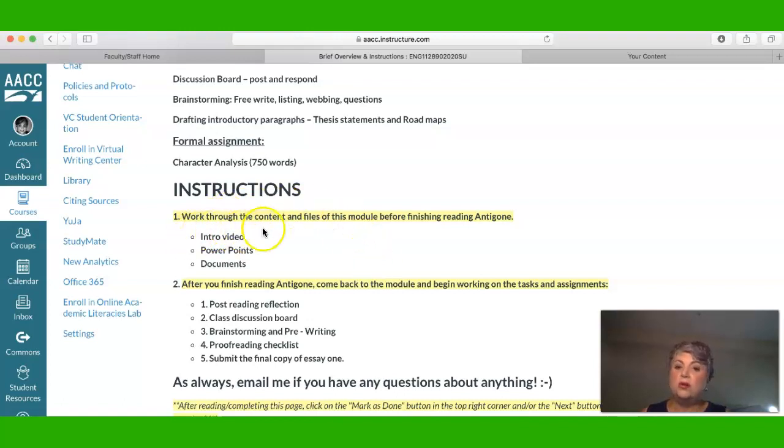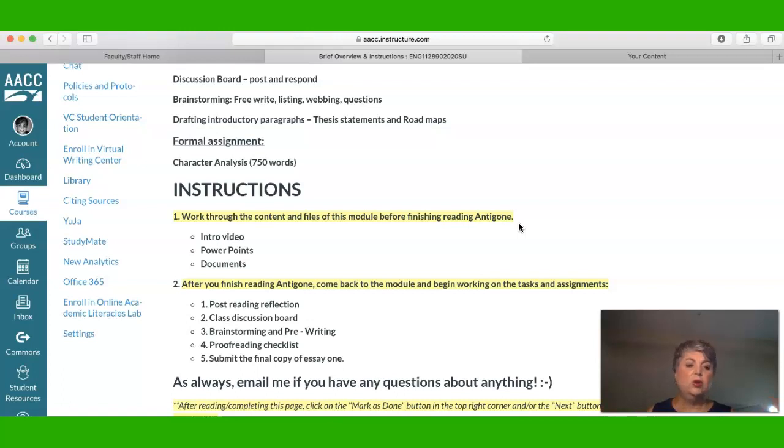So here are the instructions for working your way through this module. Number 1, work through the content and files of the module before finishing reading Antigone. So part of this module is content. It's an introductory video, which is this right now, which you're viewing. It's PowerPoints, it's documents, the literary Essay 1 assignment sheet, the rubric.